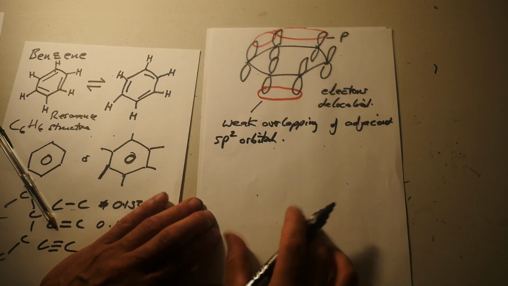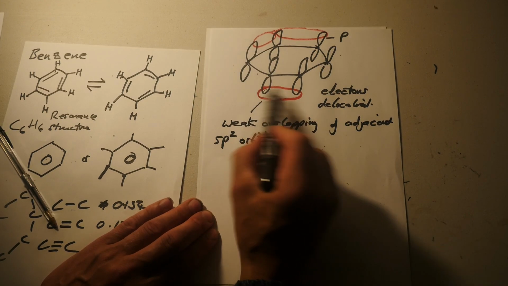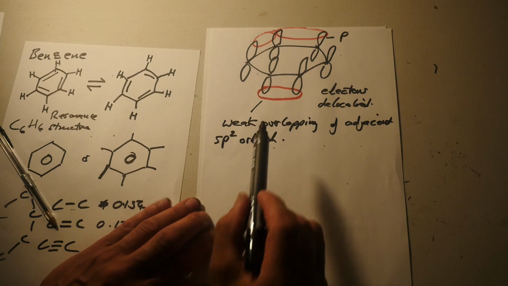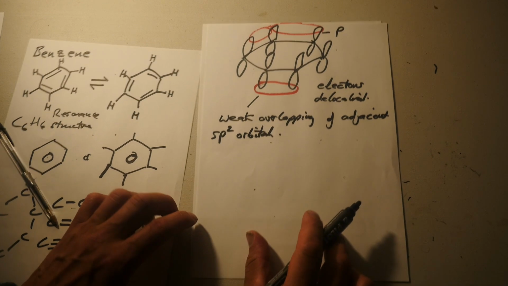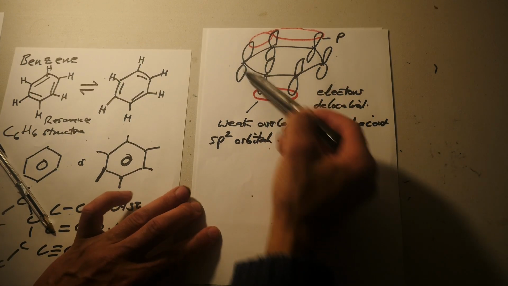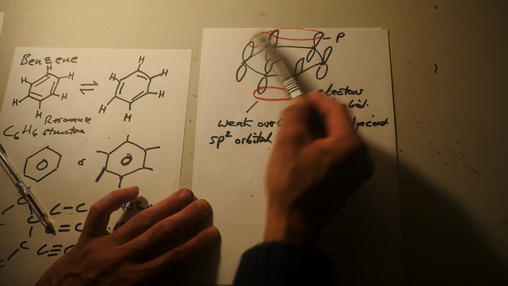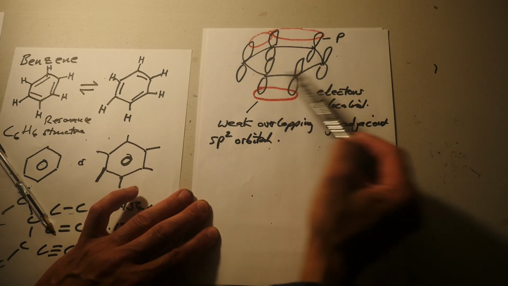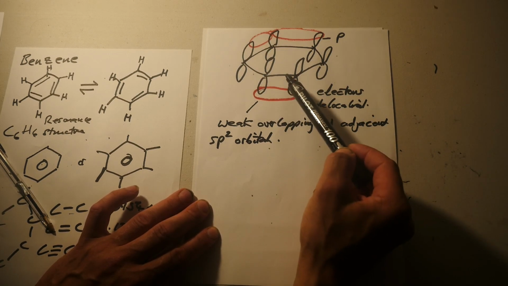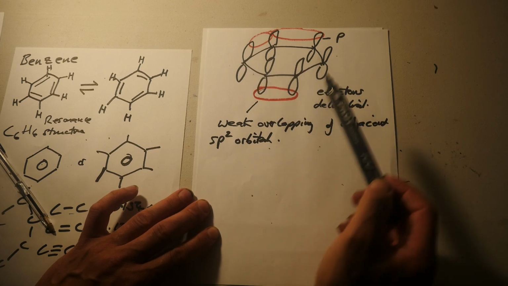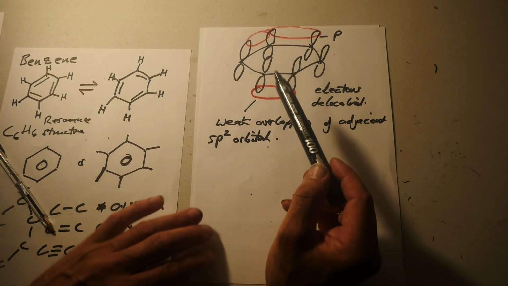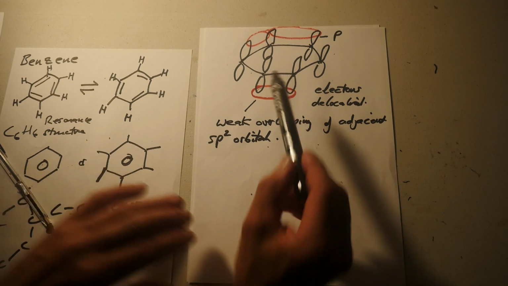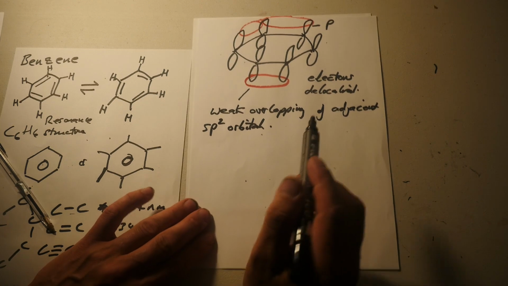So these sp2 orbitals overlap, and basically the electrons are delocalized and resonate around all the p orbitals on both sides of benzene, and this is why you get alternating double bonds.